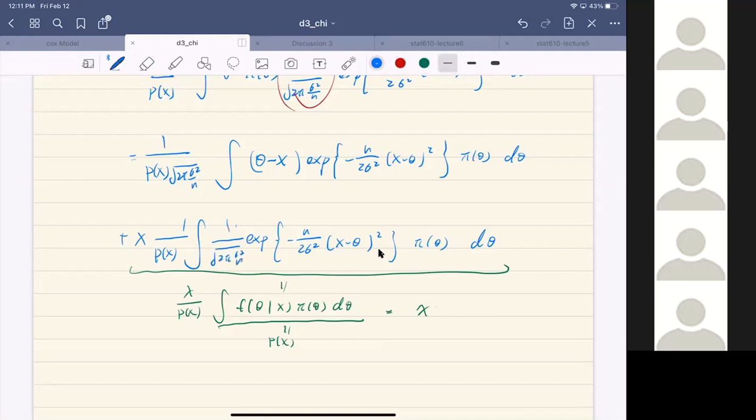This term is the density of S bar condition on theta, so the PDF of S bar condition on theta. So it's a normal distribution.